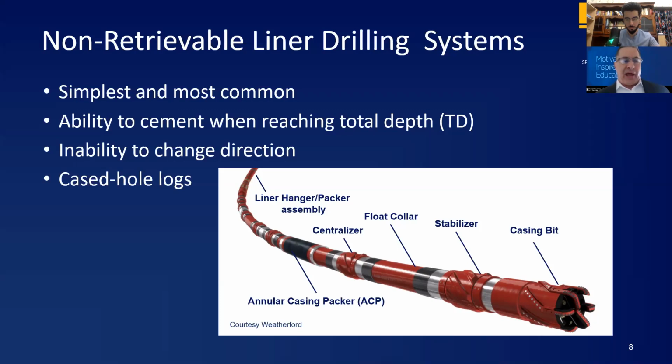This jet velocity is directly proportional, if you will, to the amount of washout. Your washout isn't determined by the angular velocity, it's determined by the jet velocity going through the bit. So the higher the jet velocity, the more washout you have. The more washout you have, the less likely you are to have a good cement job.